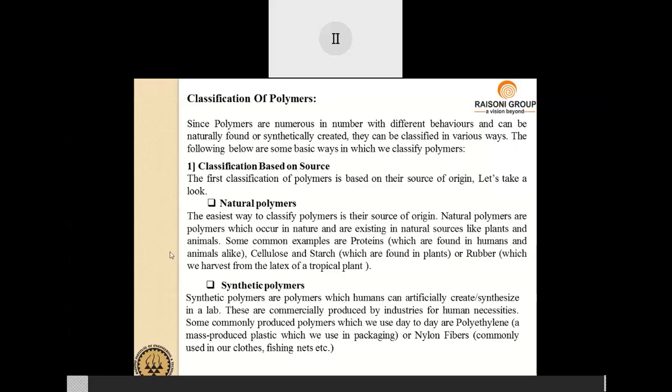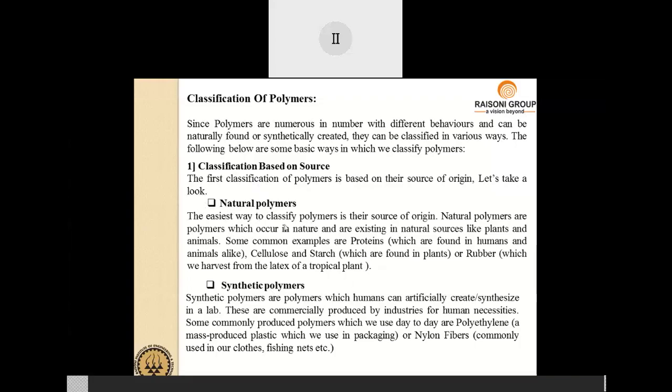As I already told, polymers can be found naturally, or by artificial processes. So in that way we can classify polymers based on source of origin. There are two subtypes of polymers: first natural polymers, then synthetic polymers. So what are natural polymers?